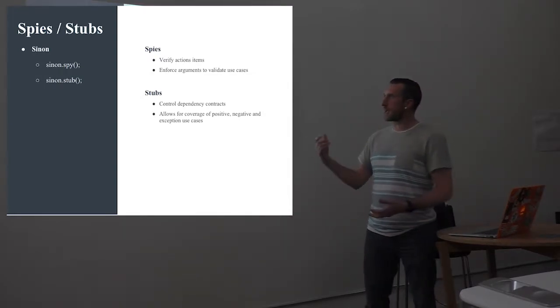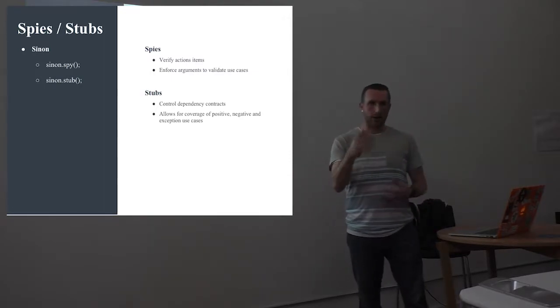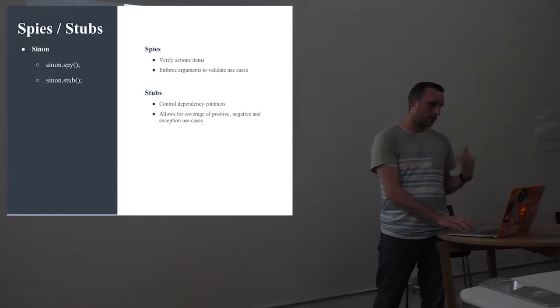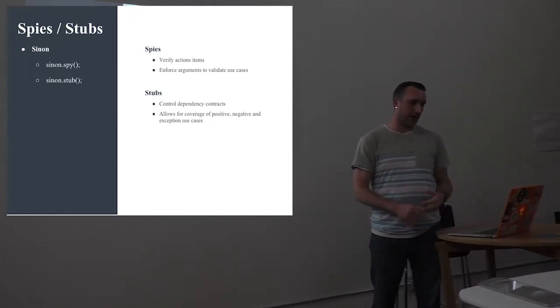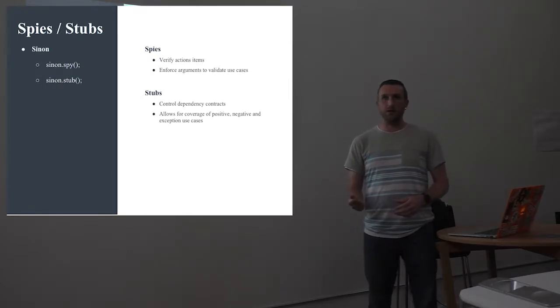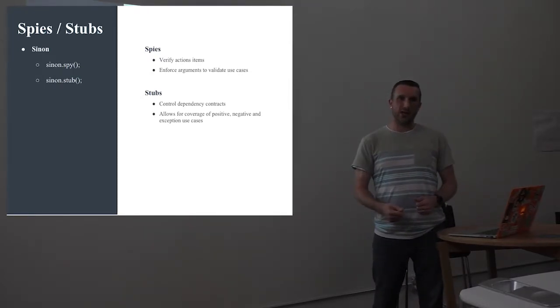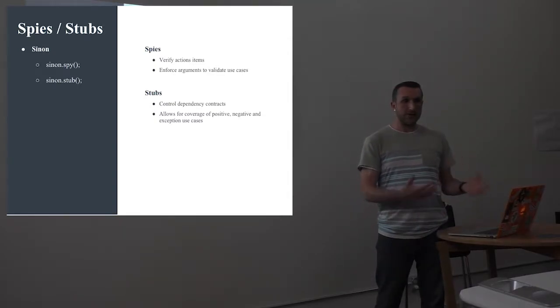Then you can control the outcome of that method call, that library or dependency call. It allows for coverage of positive, negative, and exception use cases. So by stubbing, you can really make sure that you're covering all your use cases and ensuring that even your errors are covered by tests.